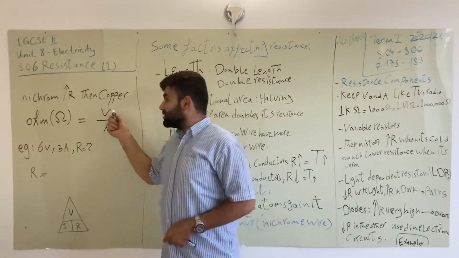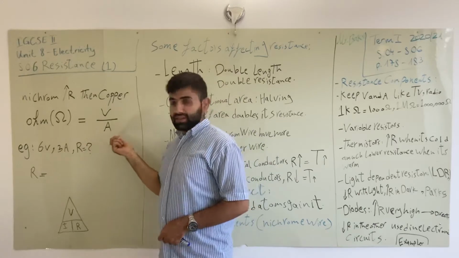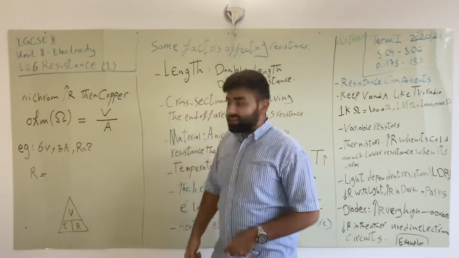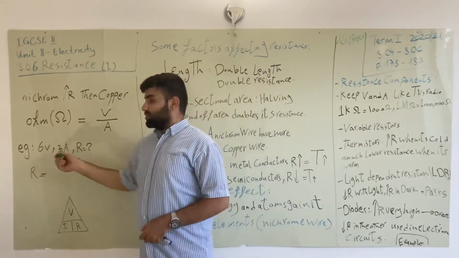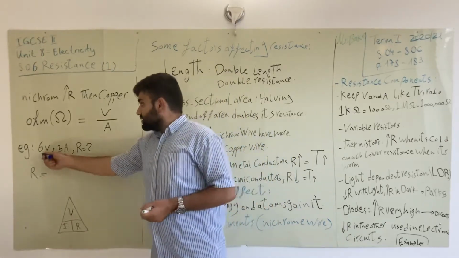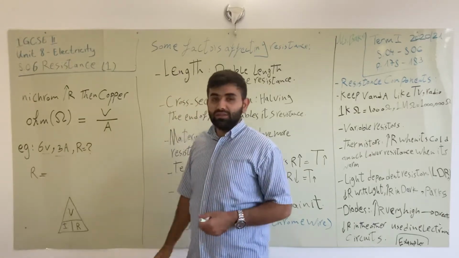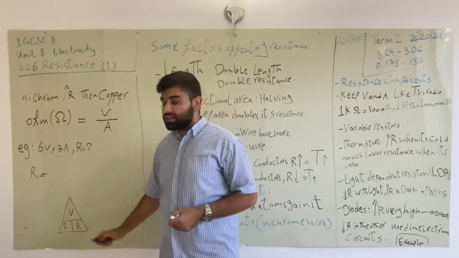It's the potential difference, the voltage, over the current in amperes. So for example, I have a circuit with 6 volts and a current of 3 amperes. What is the resistance for this circuit or for this connecting wire?